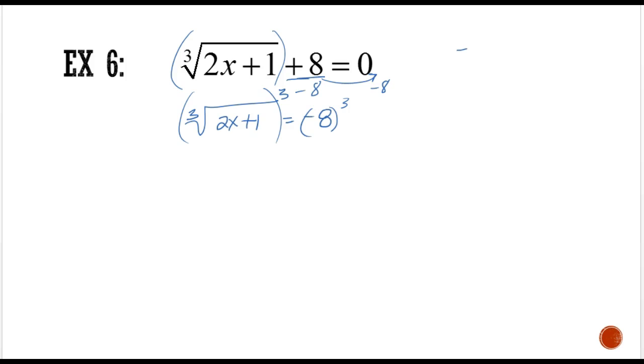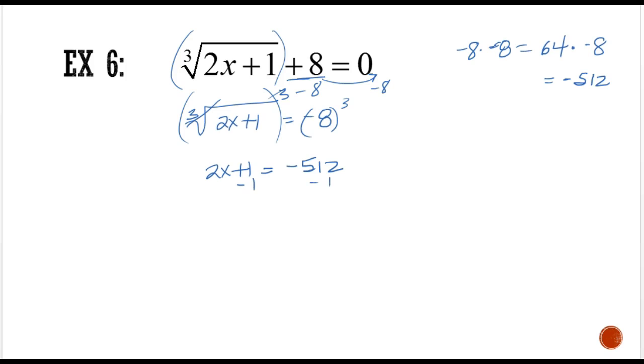So let's do this. Negative 8 times negative 8 would give me a positive 64. Times a negative 8 again would give me a negative 512. So, cubing the cube root gets rid of the root, so I'll have 2x plus 1 equals negative 512.